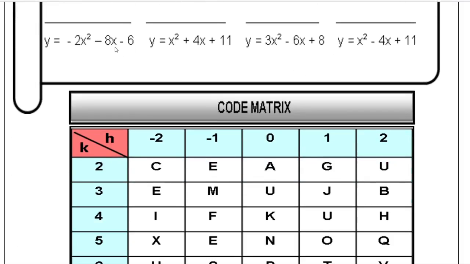Okay, like for example, if the value here of H is -2 and your K is 3, okay, -2 and 3, therefore the letter is E. Therefore, you will write E here. If, for example, the value of H and K here is -1 and 4, therefore it should be letter F there. Okay, so that's it.